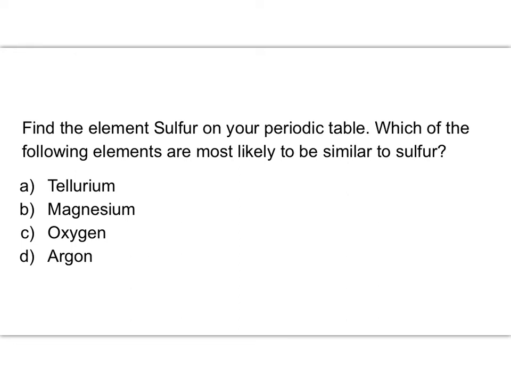Look at the element sulfur. Which of the following elements is most likely to be similar to sulfur? This is another question about the properties of the periodic table, and you have to remember that the groups, the vertical columns, up and down, are groups of elements with similar properties.